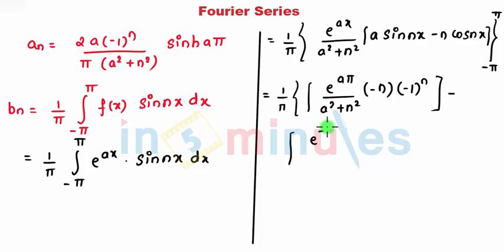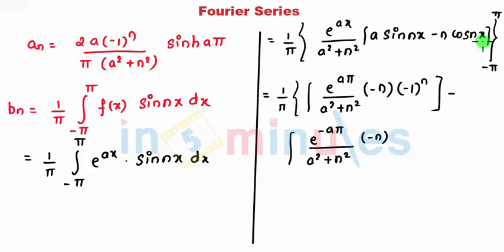to be e^(-aπ) divided by a² + n², and then when I substitute again sin nπ, that becomes 0, and here it becomes minus n.